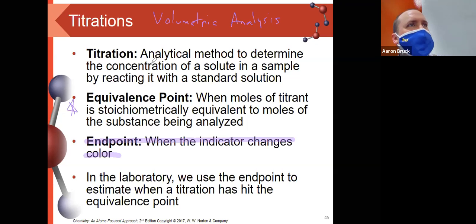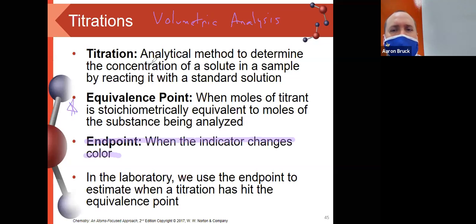Phenolphthalein is colorless in solutions up to around pH 8 or 9 and pink thereafter. We were using that as our endpoint in that particular case because it was close enough to the equivalence point that we can make a really, really strong estimate off of it.